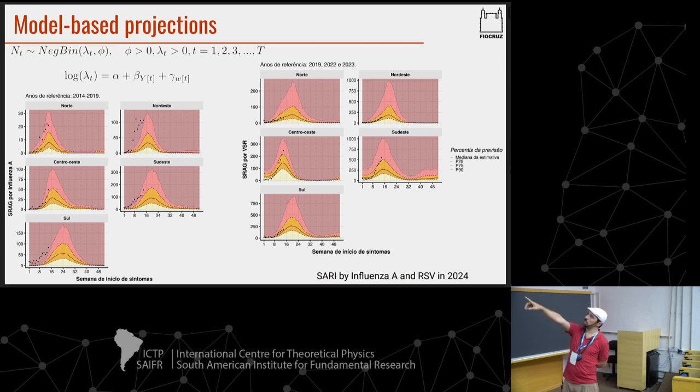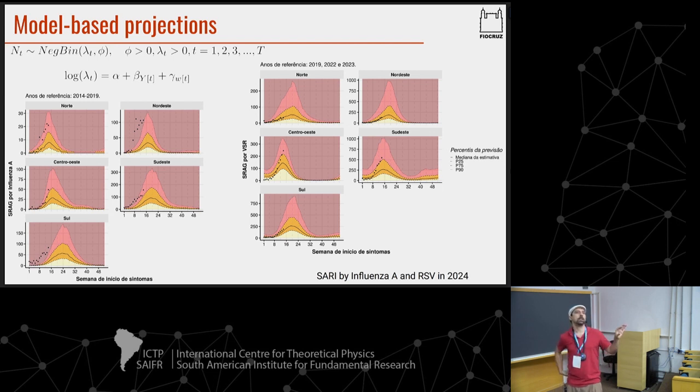So what we did was analyze influenza A, and for influenza A we took as our training window data from 2014 to 2019. Why? Because in 2020, 21, 22, and 23, the pattern of influenza A was completely out of character.